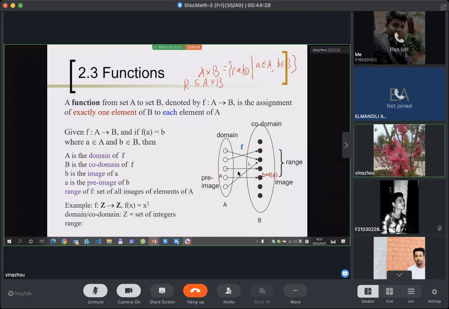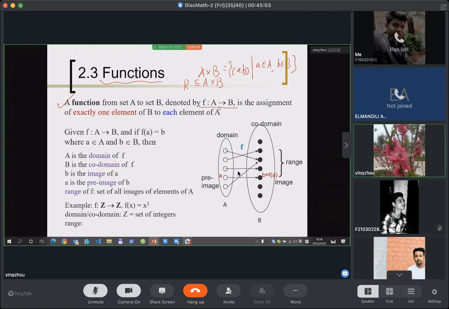And now the function, what does function mean? In fact, the function can be seen as a special relationship. Here is the definition, and this definition is from our human side. A function from set A to B is denoted like this. I should be careful: this arrow is not the logical implication symbol, because it is just the human idea.